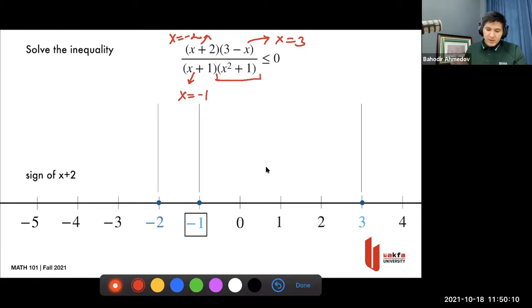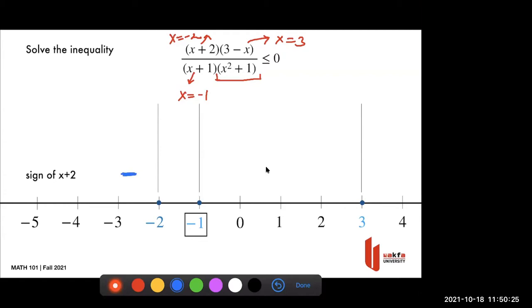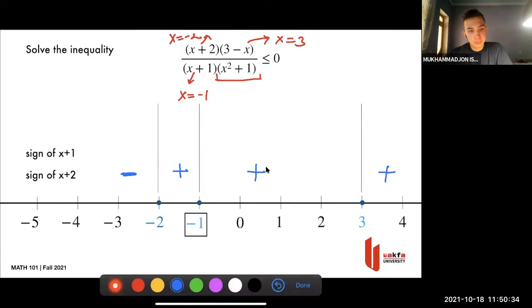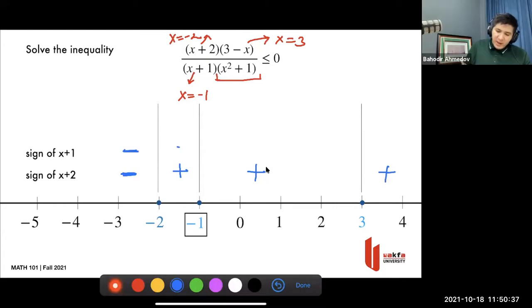Let's start with x plus 2. Is x plus 2 positive for values less than minus 2? Let's substitute minus 3. It's negative. Then it becomes positive here, and positive here. Similarly, x plus 1 becomes negative, negative, then positive and positive. You can easily check this by putting one of the values from each interval into your factor.